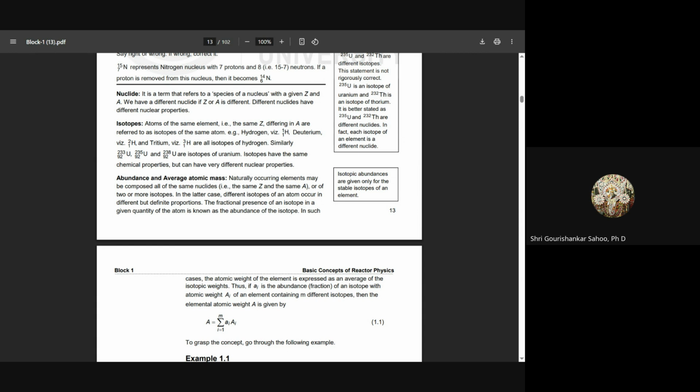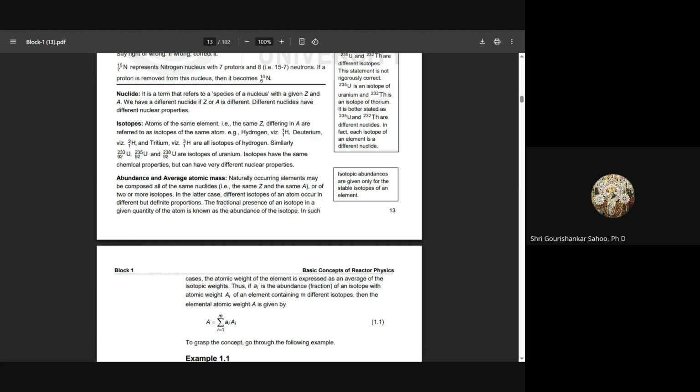In deuterium you have 1 proton, 1 neutron, and the charge of the nucleus is +1, and there is 1 electron. Similarly, in tritium you have 1 proton, 1 electron, and 2 neutrons. So deuterium, tritium, and hydrogen are isotopes of hydrogen.